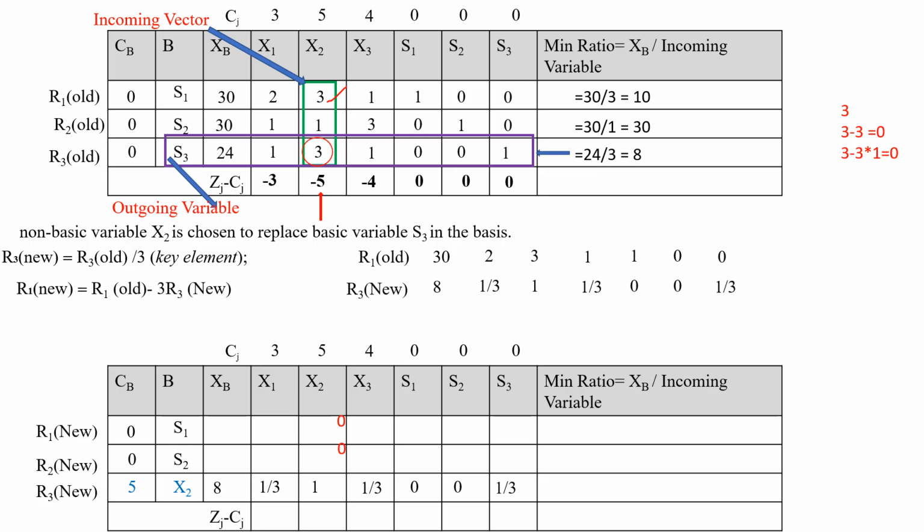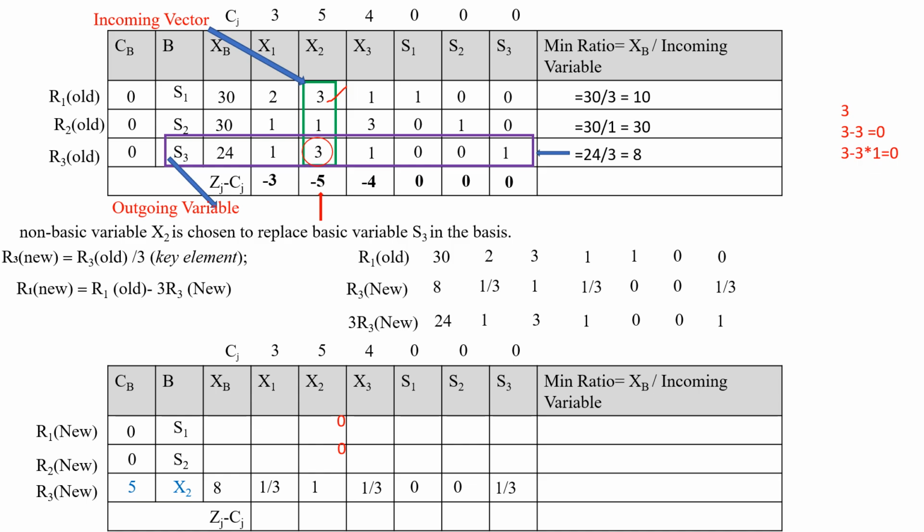But our row operation is R1 old minus 3 R3 new, so I have to multiply R3 new by 3. Then 3 R3 new becomes 8 into 3, 24, 1 by 3 into 3, 1, 1 into 3, 3, 1 by 3 into 3, 1, 0 into 3, 0, 0 into 3, 0, 1 by 3 into 3, which is equal to 1.